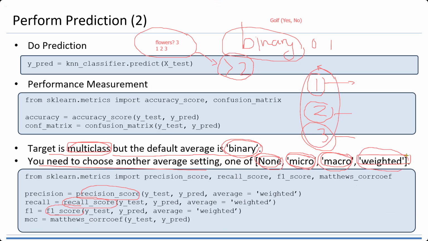If we do it weighted, we do the performance of 1, 2, and 3, and then do the average, and for this weighted, the average will be equal for every class. So let's just do the average weighted for the precision, recall, and F1. You can see the parameter here, the average weighted, the average weighted, and the average weighted.